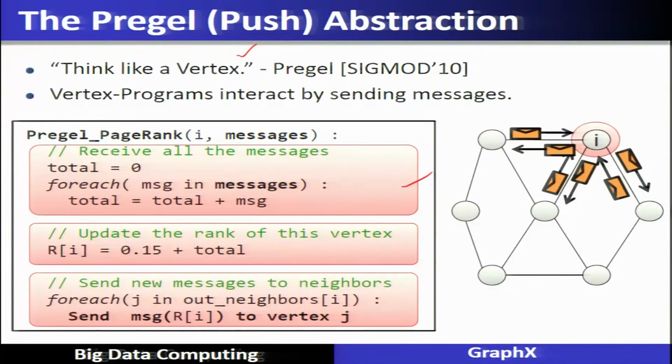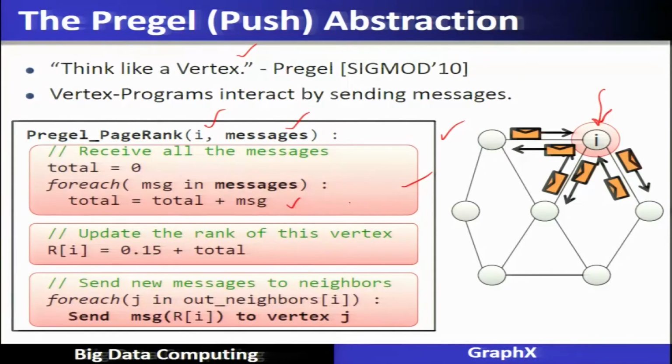Let us see in this typical example, if we write the PageRank algorithm in Pregel for a particular vertex i, it will perform PageRank on this node i by sending different messages. First, it will receive the messages from its neighbors, and then it does the aggregation of them.